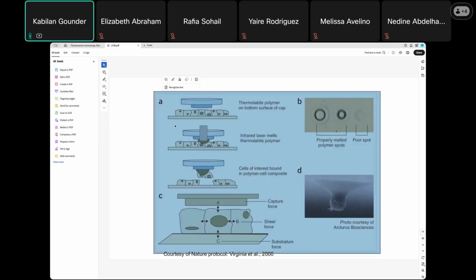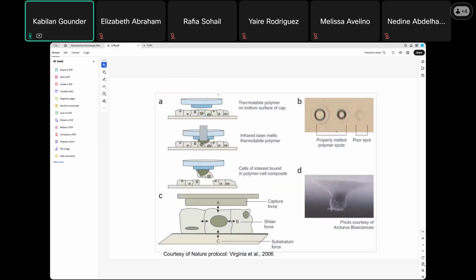Next, we place a thermolabile polymer on the caps and touch the bottom of the polymer onto the section. Now we can enable the infrared light or UV light. That will pass through this thermolabile polymer. Now this polymer is melted due to the transient heat generated by the infrared or UV light.